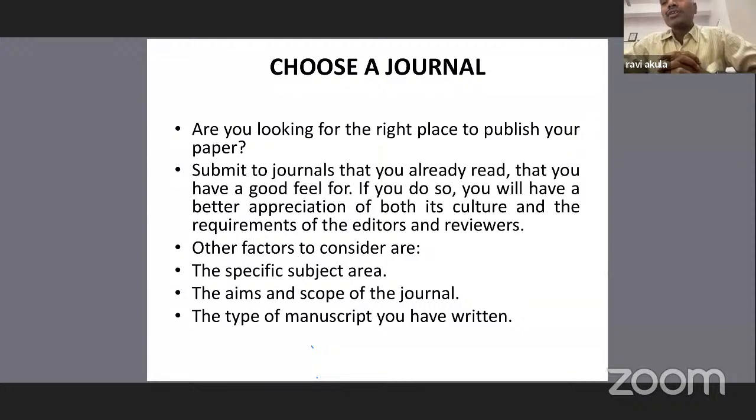So, are you looking for the right place to publish your paper? Submit to journals that you already read, that you have a good feel for. If you do so, you will have a better appreciation of both its culture and the requirements of the editors and reviewers. The other factors to consider while choosing a journal are the specific subject area, the aims and scope of the journal, and the type of manuscript you have written.